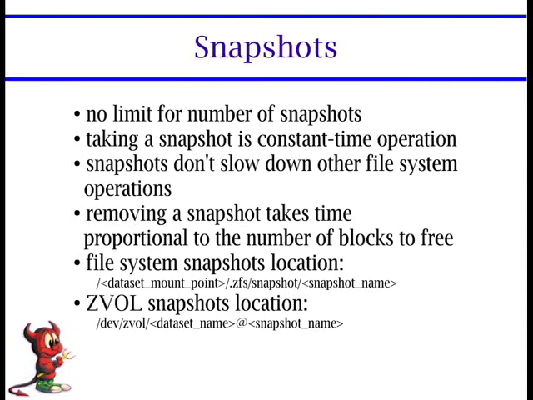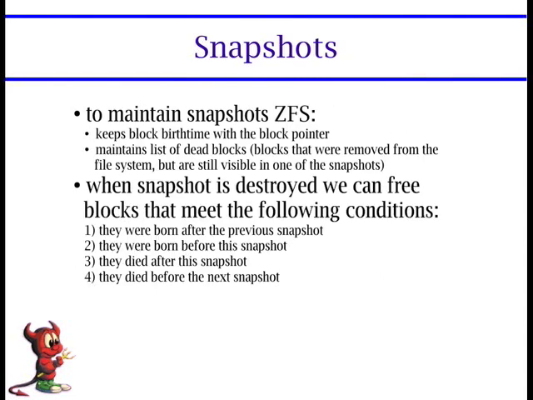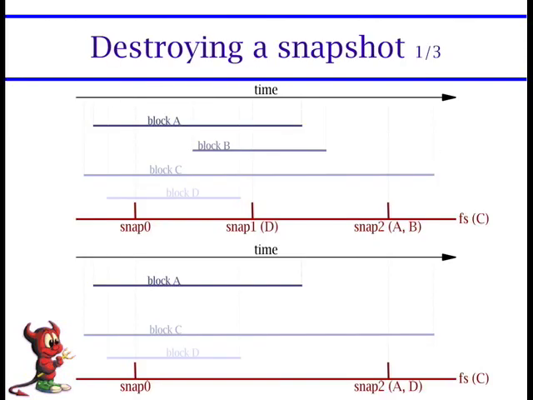This is how ZFS tries to maintain blocks which are dead in the main file system, but not yet in snapshots. And this is how it works. You can see that at the top of the page we have 3 snapshots, right?